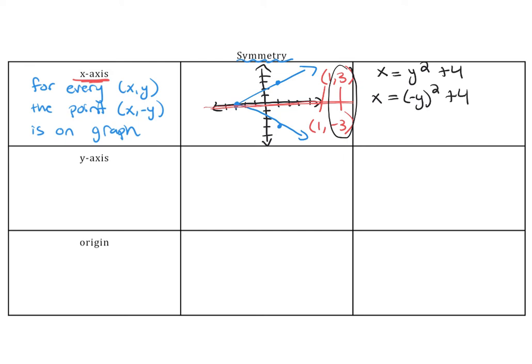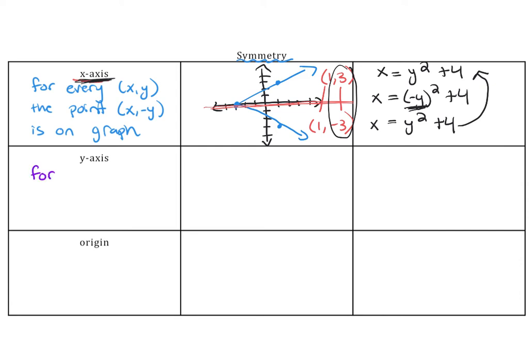Squaring a number is always going to go back to positive. Therefore, because this went back to its original after plugging in a negative y, it is symmetric across the x-axis.